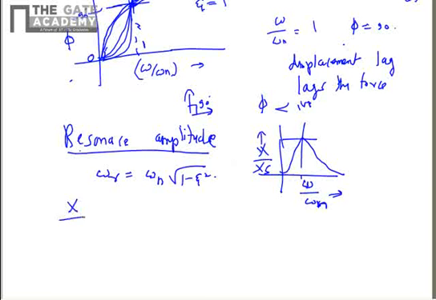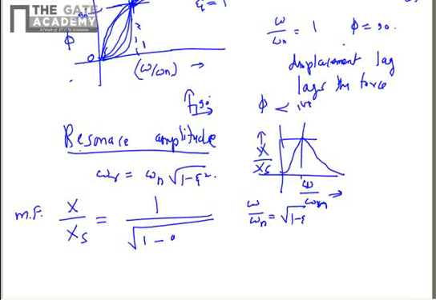So what is the amplitude here? The amplitude we can define from the magnification factor: MF, x by xs, equal to 1 by square root of (1 minus (omega by omega n) whole square) whole square plus (2z omega by omega n) whole square. Omega in this case is omega n times square root of 1 minus 2z square.